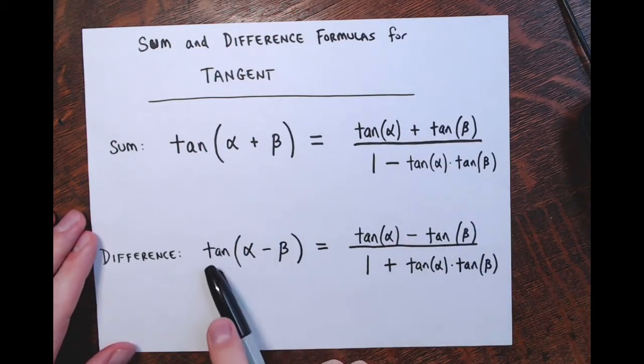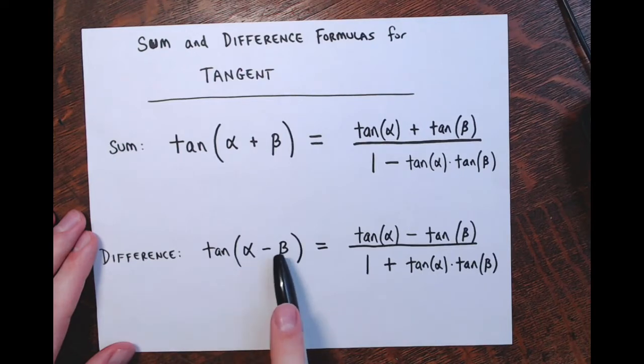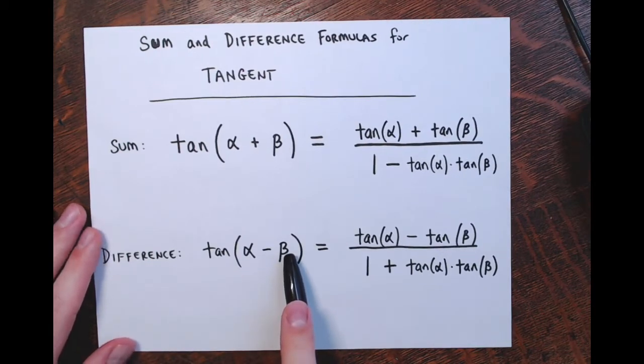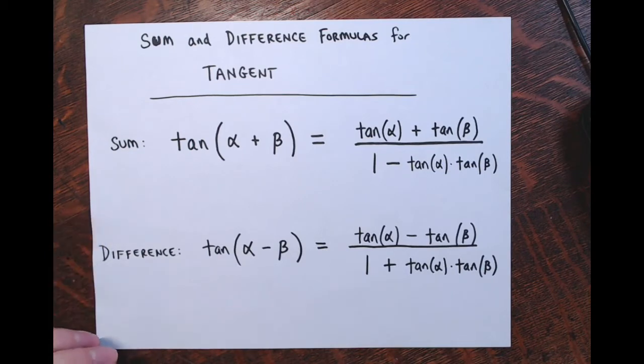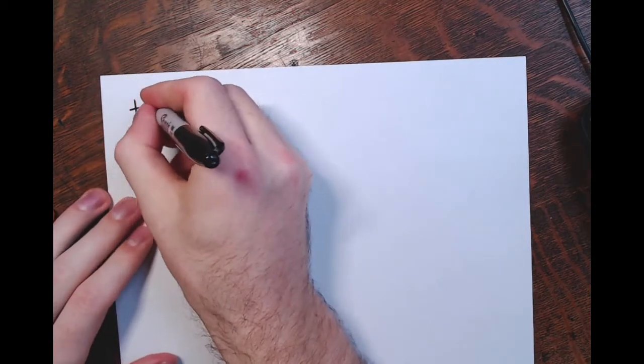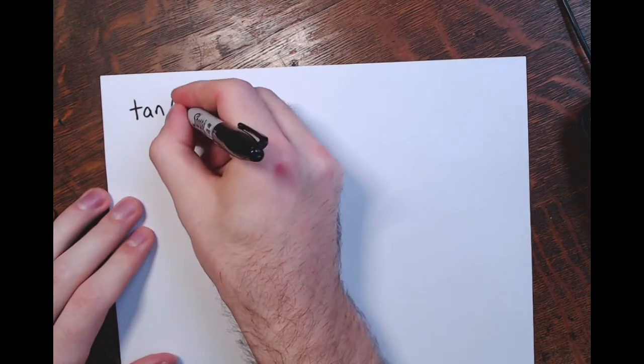The tangent of the difference of two angles, alpha minus beta, is the tangent of alpha minus the tangent of beta, divided by 1 plus the tangent of alpha times the tangent of beta. And we're going to use that one, because they asked us to find the tangent of 105 degrees.